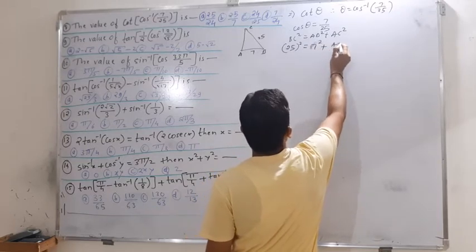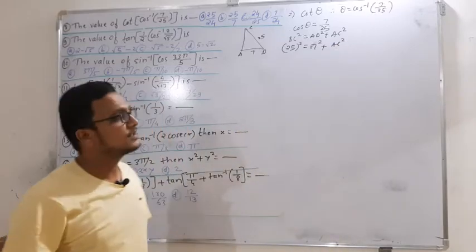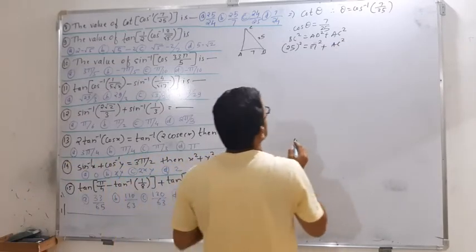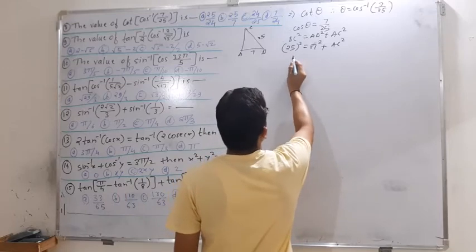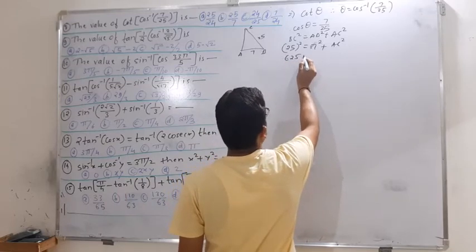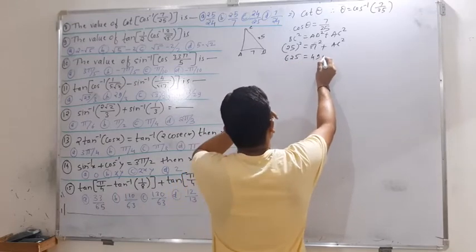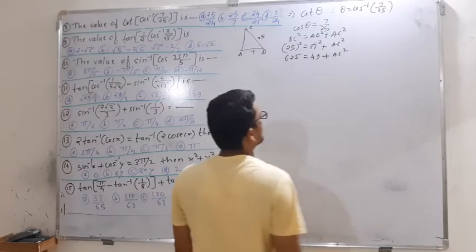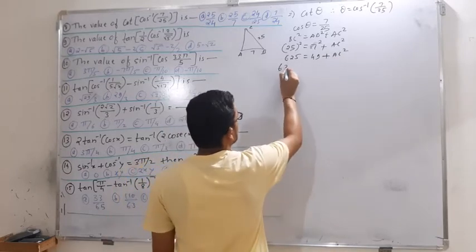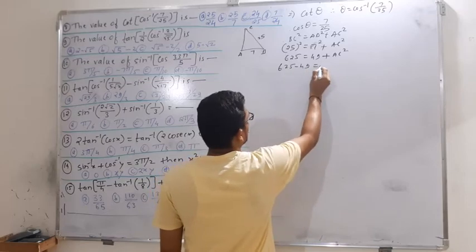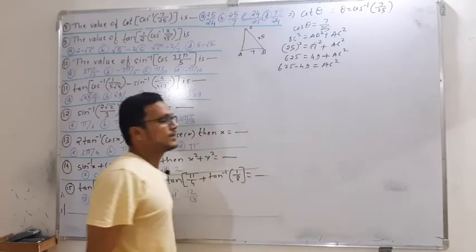AC we don't know, so we keep it as it is. 25 square is 625, which is equal to 49 plus AC square. Transferring 49 here, 625 minus 49 is equal to AC square.